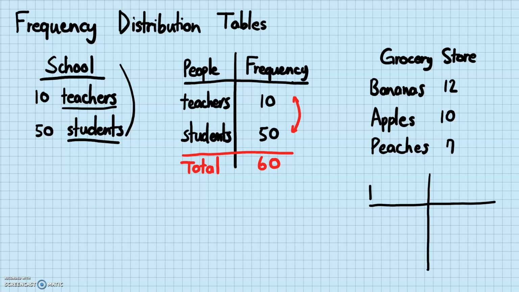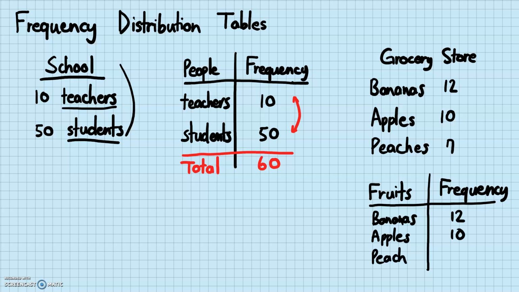The top part is where you label what kind of data we're dealing with, and the second part is usually the frequency. There are bananas, and there are 12 of those. Apples, there are 10. And peaches, there are 7. Again, at the bottom, we can include the total. How many total fruits are there? There are 29 fruits.